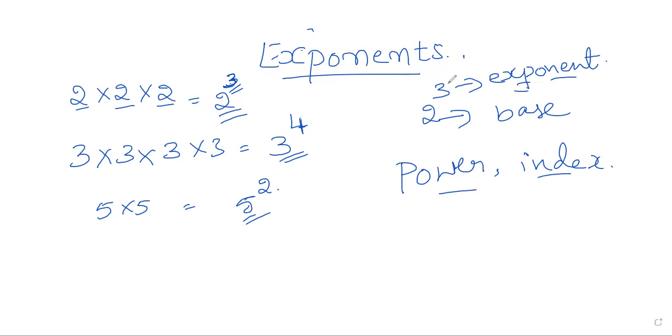All are the same. Power, exponent, index are all the same. 3 to the power of 4. Here what is 3? 3 is called base and 4 is power or exponent. Here 2 is base, 5 is base, 2 is exponent. Okay, children?